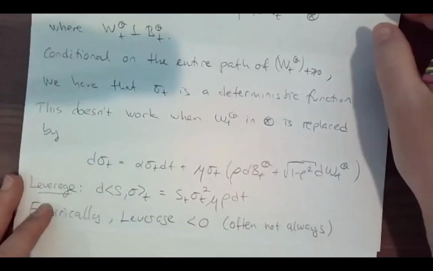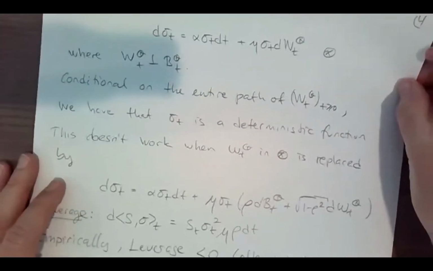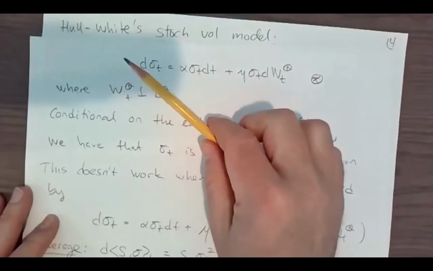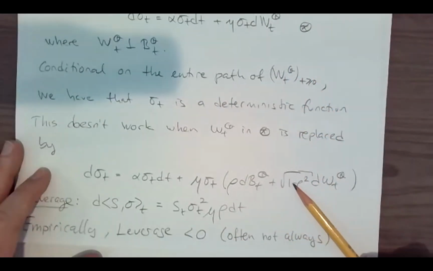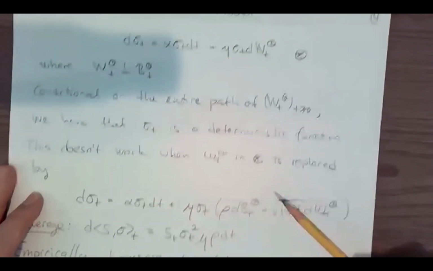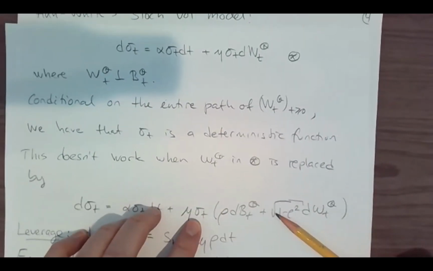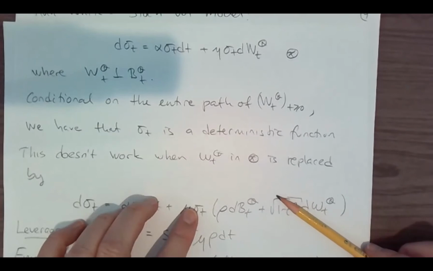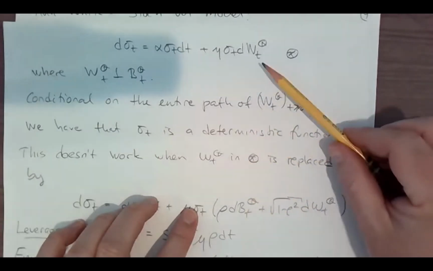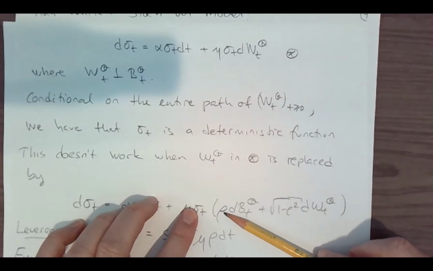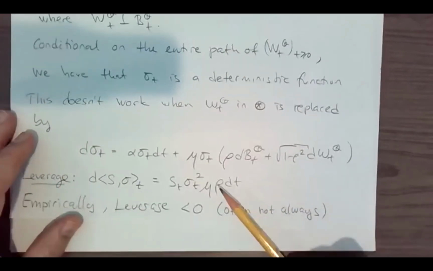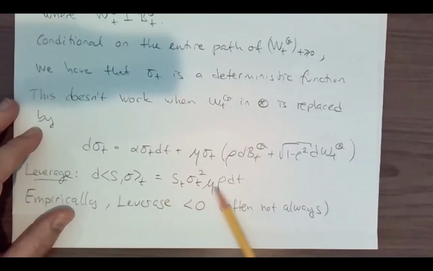So you see the problem with the Hull-White stochastic vol model is that rho would have to be 0. This one here is more general, and if I want to simplify to the star one, I take rho equal to 0. When rho is equal to 0, this term vanishes and you get 0 leverage.